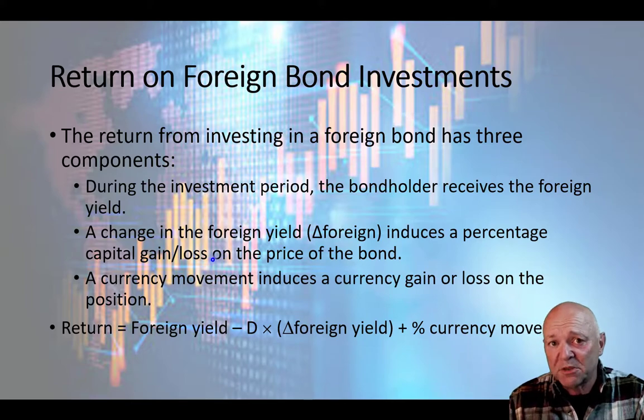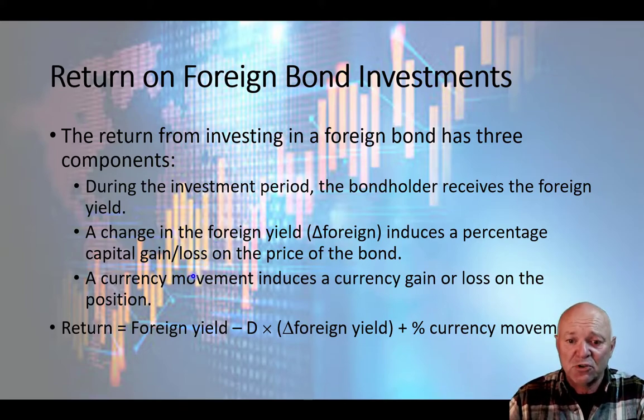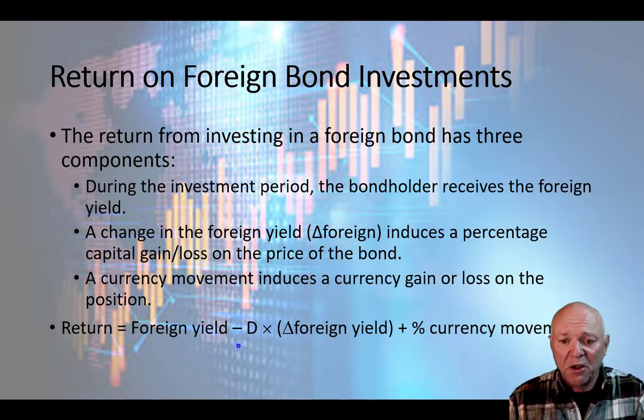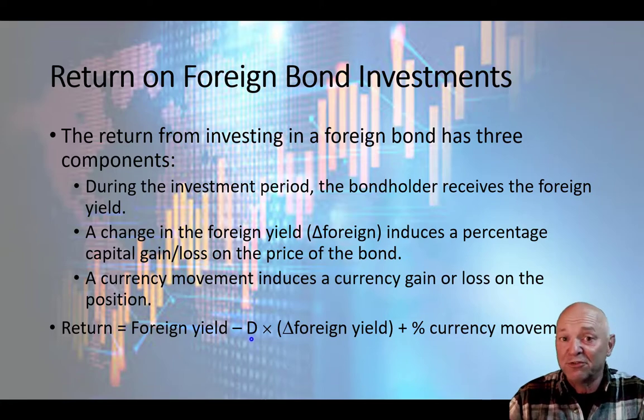And then there's going to be the currency movement, either in favor of or against that value. So that's the third part. So our total return then is equal to yield minus some kind of measure of duration times the foreign yield, or times the change in the foreign yield as a result of interest rate changes, plus any kind of a movement in currency.